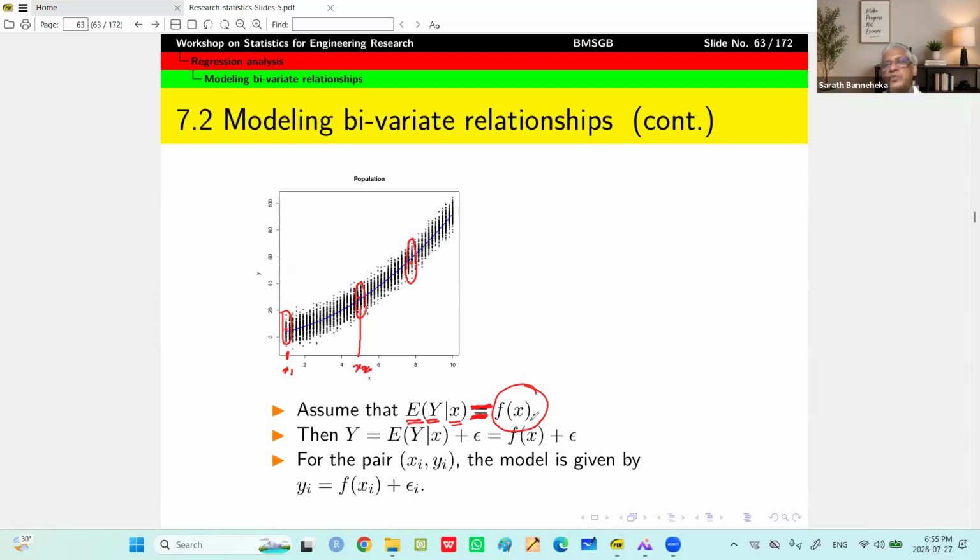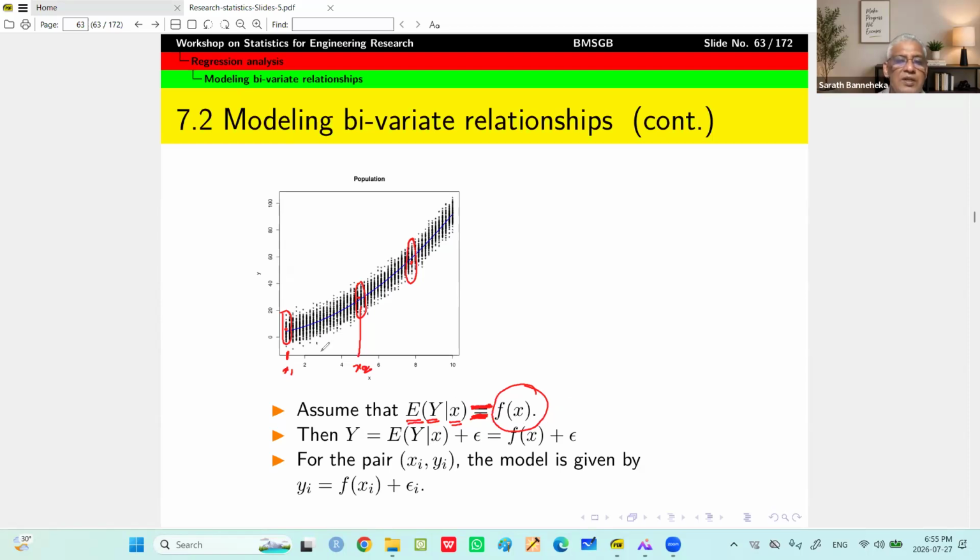That is the assumption. If that assumption is not reasonable, then a regression method will not work. The regression method will work only if you can assume that the expected value of y for different x's behaves as a function of x in a smooth fashion.